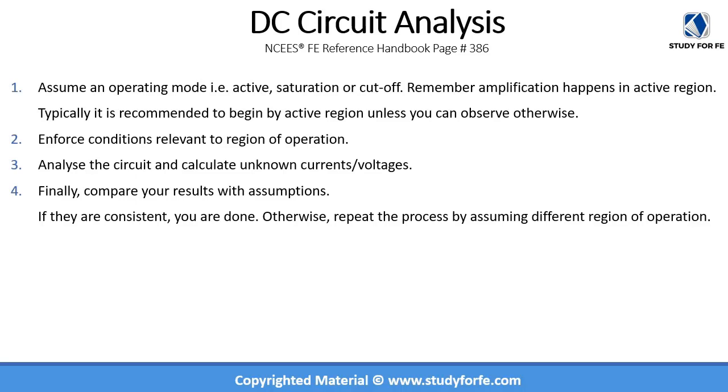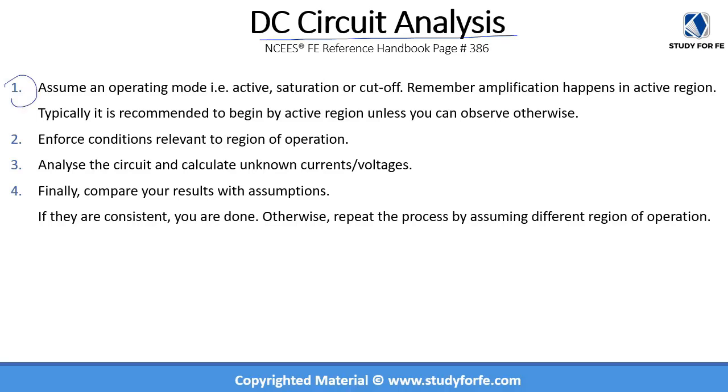The next logical step in our discussion is DC circuit analysis. So we just touched upon biasing. Now we are going to look at how we can evaluate the state of the BJT circuit. Remember in the last lecture series, when we were looking at the circuit analysis of diodes, we actually always started, especially when you have multiple diodes, by assuming an operating mode.